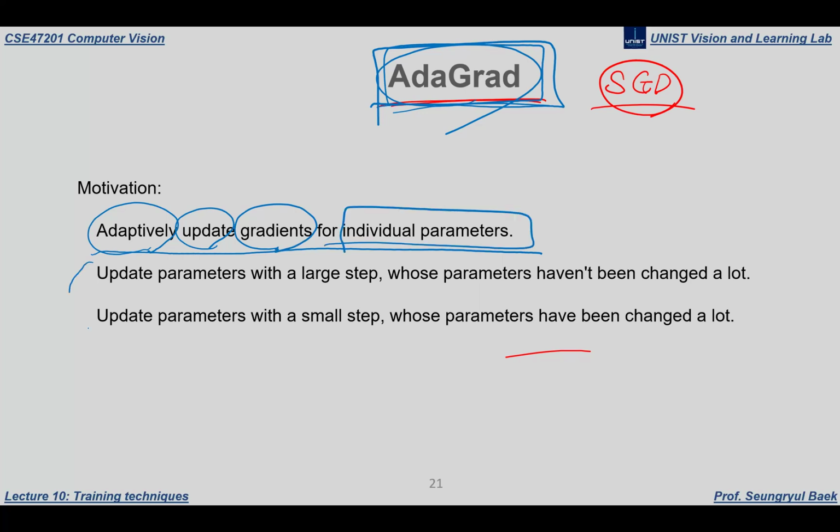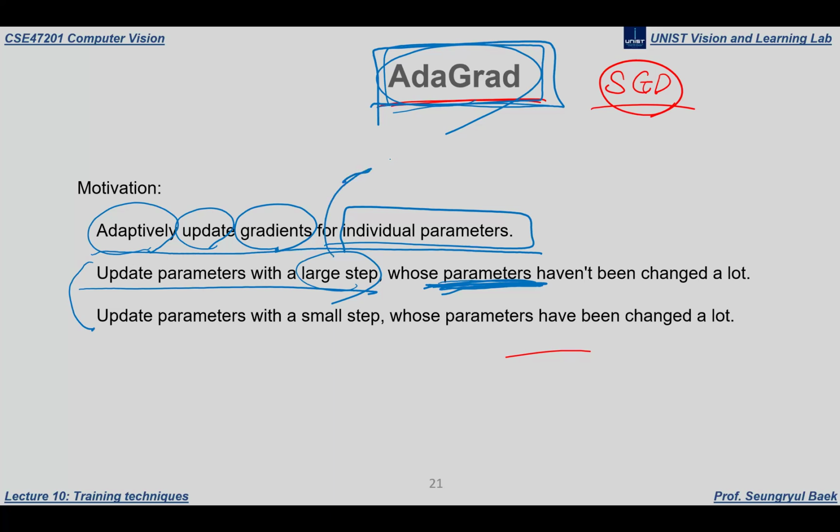They accumulate the updated gradient for each individual parameter.